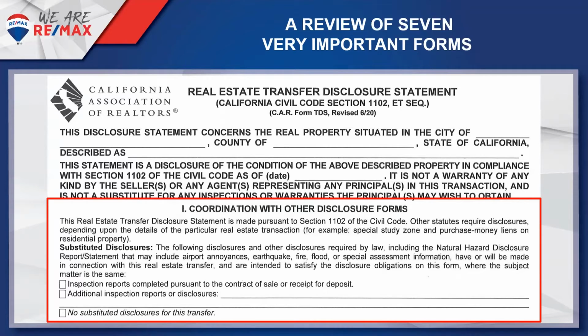I'm not going to complete section 4 as a buyer's agent till the day before escrow closes. That way my buyer would have the entire escrow to rescind this purchase agreement. Well, the civil code's smart enough to say, look, buyer's agent, your completion of the TDS is not necessary for the TDS to be delivered.